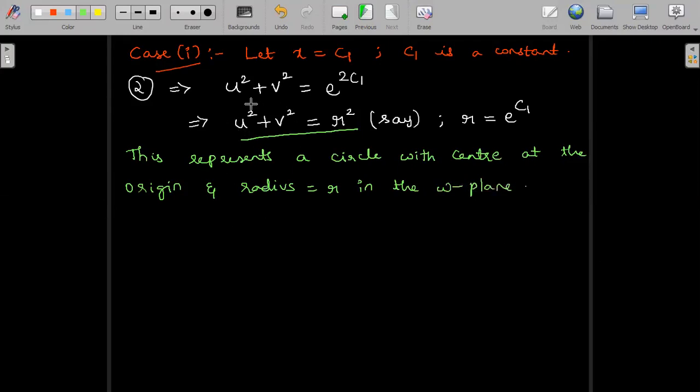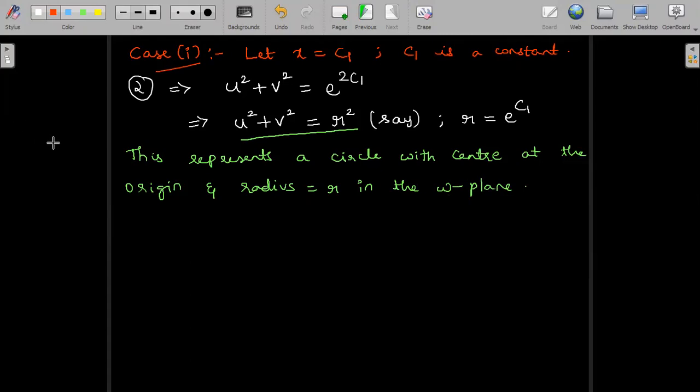We know that w is equal to u plus iv. So just as in the z plane we have x axis and y axis, in the same manner we have u axis and v axis involved in the w plane. So similarly, let us consider case 2.